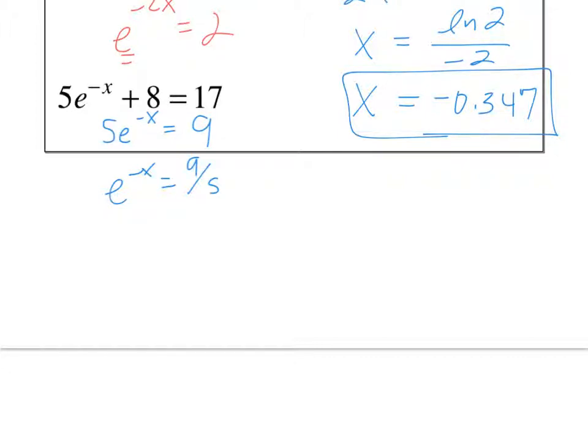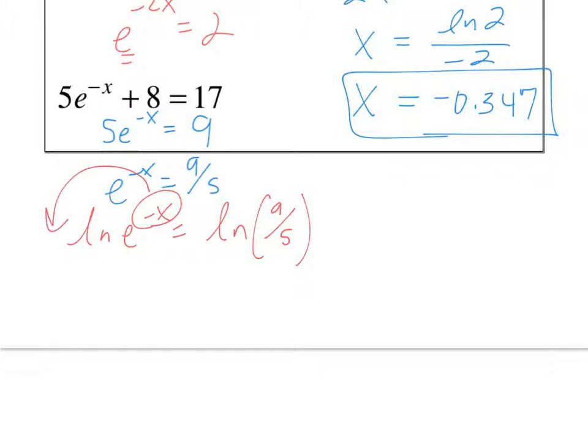Okay, so beginning the next one here, I found myself isolating to get to the base, which is e. I get e to the negative x equals 9 over 5. Now I will go ahead and take the natural log of both sides. Swing the exponent out in the front.